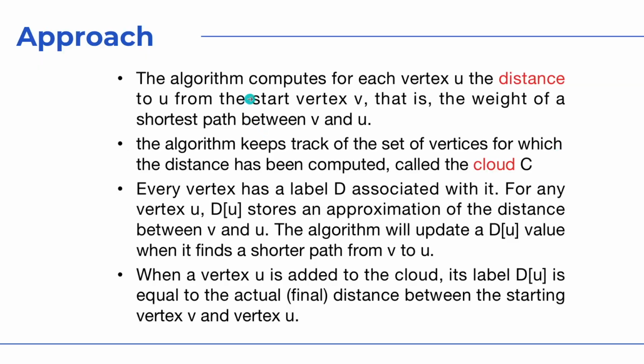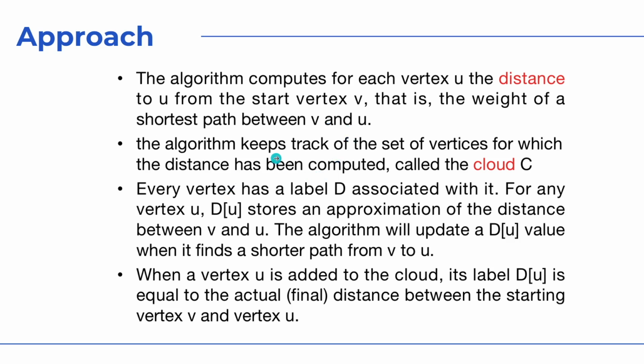This is how Dijkstra's algorithm works. The algorithm first computes, for each vertex u, the distance to u from the start vertex v, and that is the weight of the shortest path between the vertices v and u.